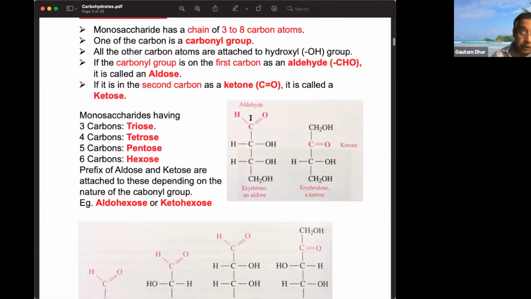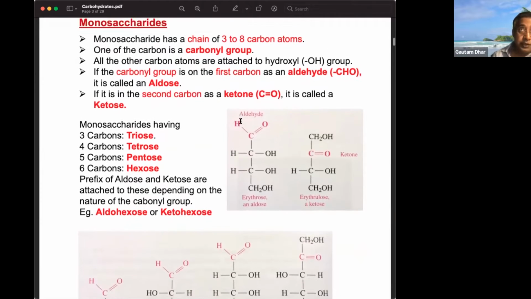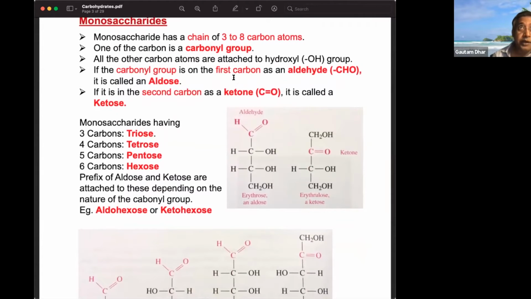You can see that there's an aldehyde and there's a ketone. So in general, we have two kinds of carbohydrates. Those that contain an aldehyde group, we say aldose, or if it contains the ketone, we say ketose. And we saw the reactions of aldehyde in the previous chapter.